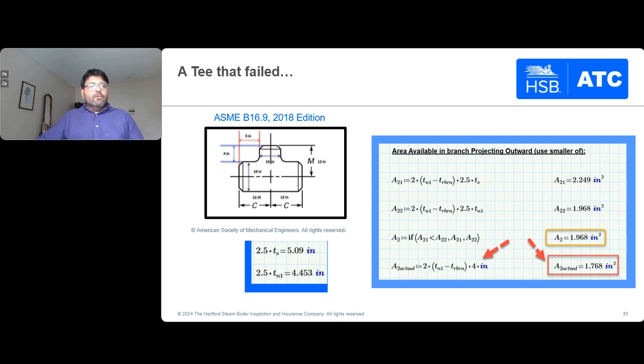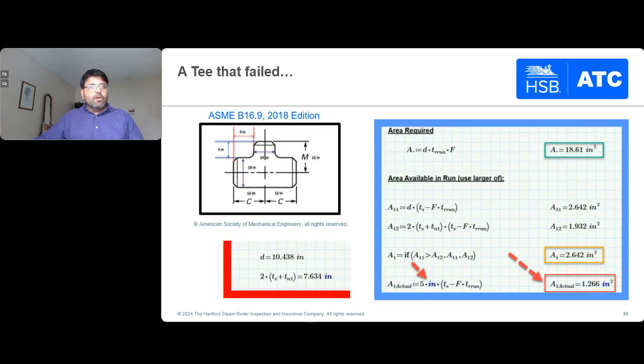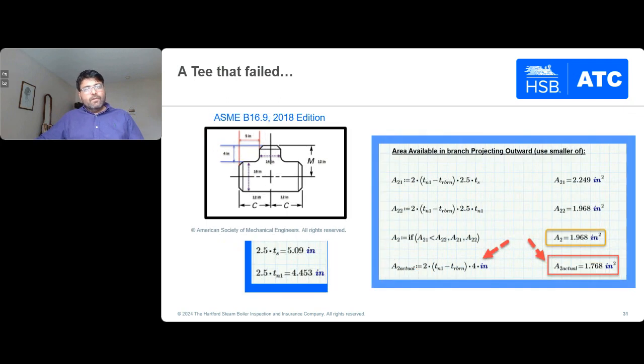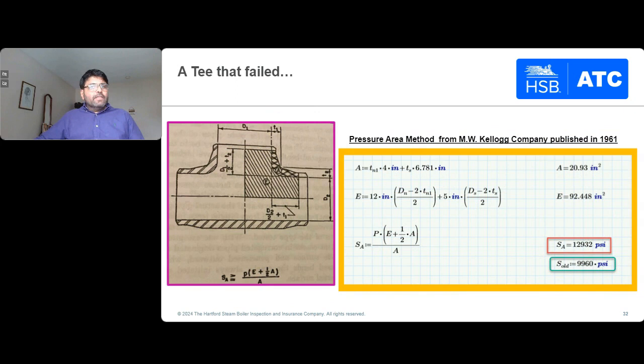And if I do that, my A2, which is the area available from the nozzle wall, is further reduced to 1.8 approximately. So going back with this area, about 1.8 square inches from the nozzle wall, adding up to this 1.3 that I get from the run pipe, you're nowhere close to the required area. So that's an observation I wanted to make.